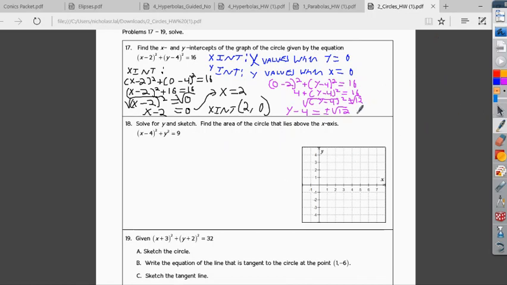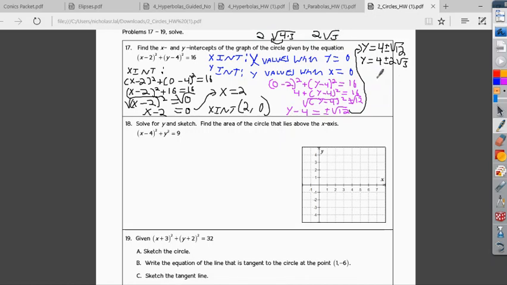On to the next step. Y is equal to, add 4 to each side, 4 plus or minus the square root of 12. Y is equal to 4 plus or minus 2 times the square root of 3, because the square root of 12 becomes the square root of 4 times 3. 4 can come out as 2, and that becomes 2 square root of 3.